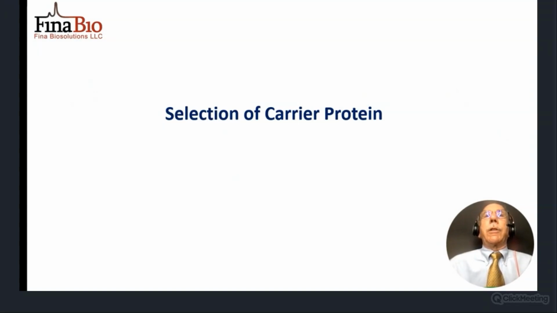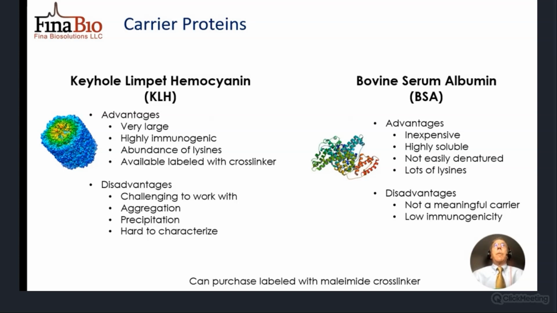We now come to the selection of the carrier protein. Perhaps the most common carrier protein when you just want to make antibodies is keyhole limpet hemocyanin, or KLH. It has the advantages that it's very large, it's a very foreign protein and highly immunogenic, and has an abundance of lysines. The disadvantage is that it aggregates, it can be difficult to work with, it precipitates easily, and it's very hard to characterize the product.